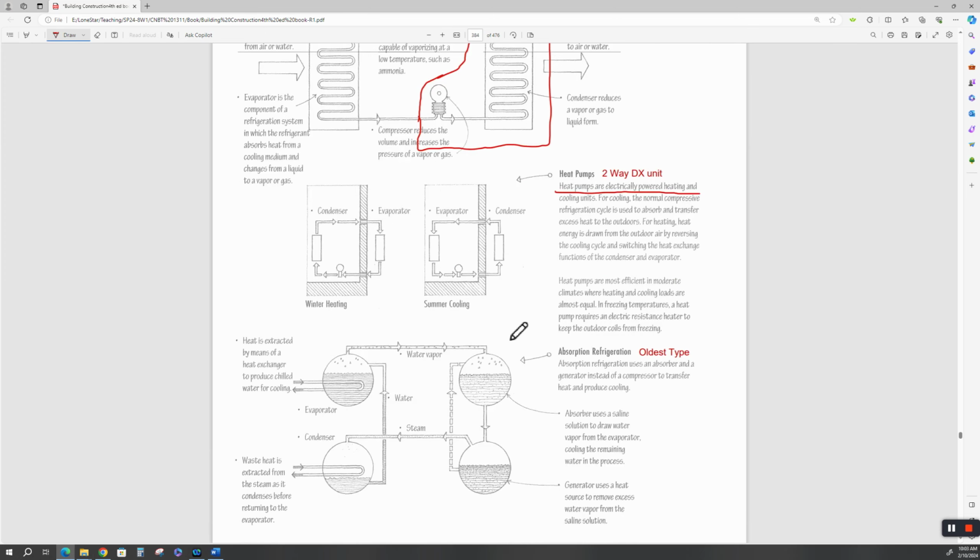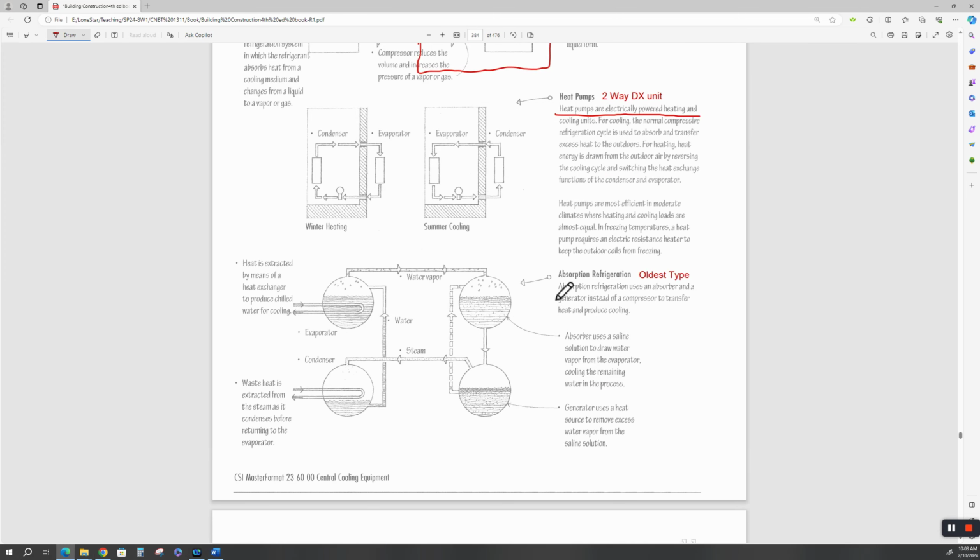All right. One of the oldest types is an absorption refrigeration machine. These have been around for a long time, even back in the 1800s. Some of the older ones used ammonia as their cooling medium, and sometimes they would blow up, and it made for a bad day at the ice house.